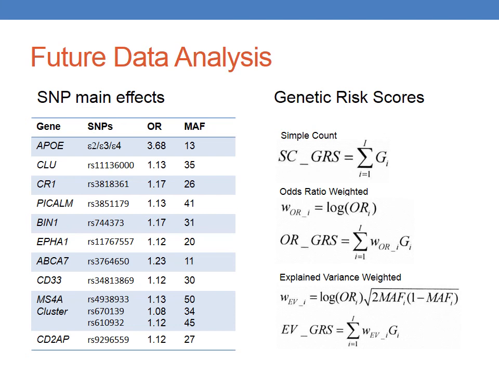A third method which has been recently proposed is to look at the explained variance, and this is weighting each allele not just by the odds ratio but by the minor allele frequency, which is also on the screen here. This is based on the assumption that minor allele frequency and the odds ratio are important for determining genetic heritability and variance.